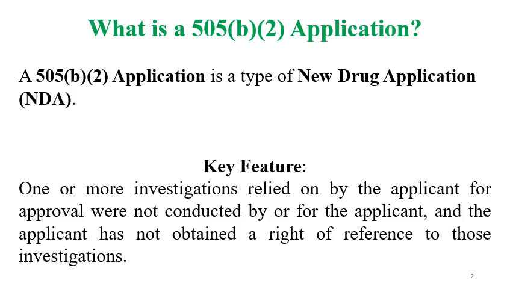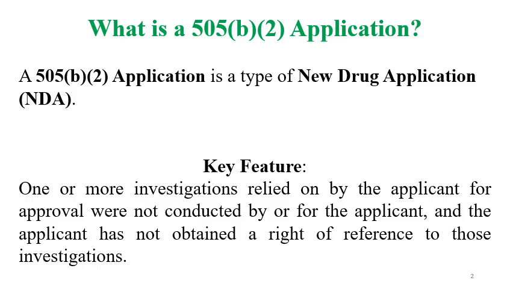So what is the exact meaning of this key feature? We will understand. The statement given here is one or more investigations relied on by the applicant for the approval were not conducted by or for the applicant, and the applicant has not obtained a right of reference to these investigations.